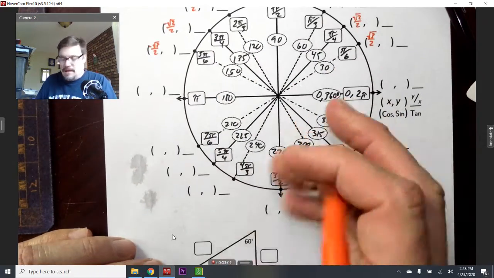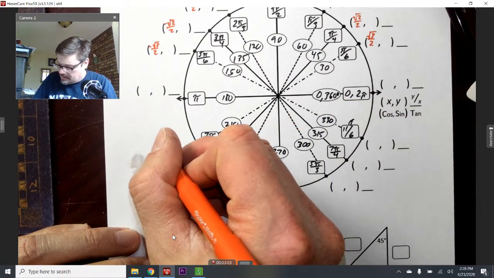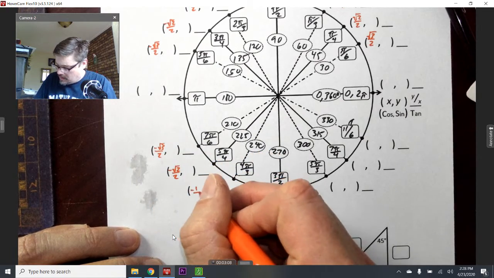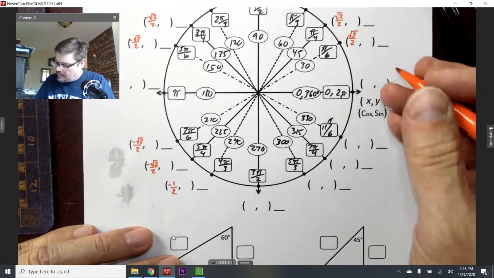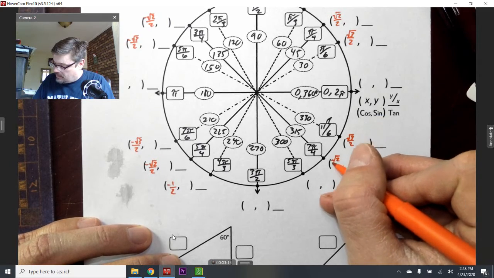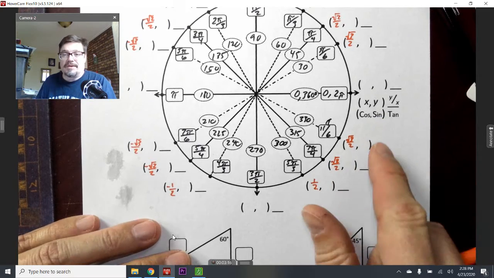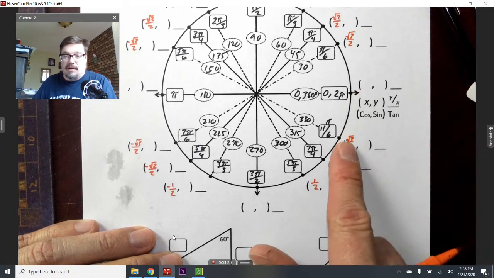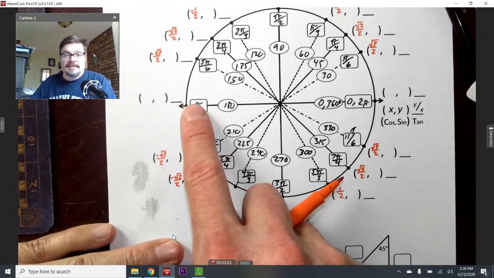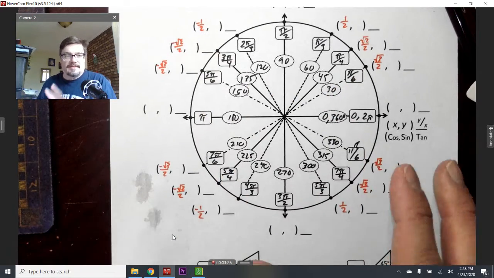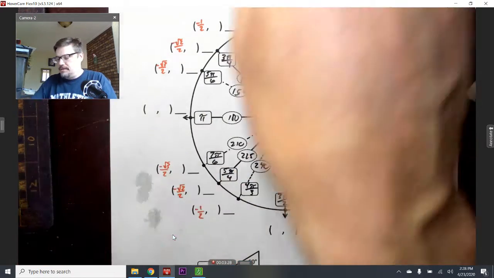Now going down here, it is also negative, and then over here it is now positive, so radical 3 over 2, radical 2 over 2, and 1 over 2. So notice that what happens is you start at the x-axis and then count down on the cosine. X-axis, count down. X-axis, count down. So that's cosine.